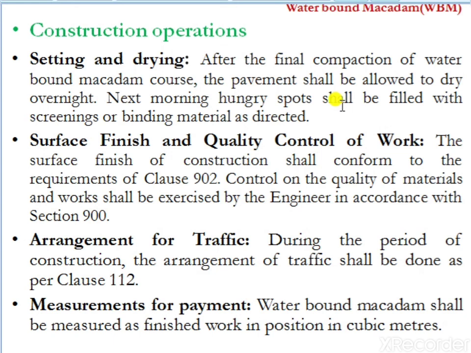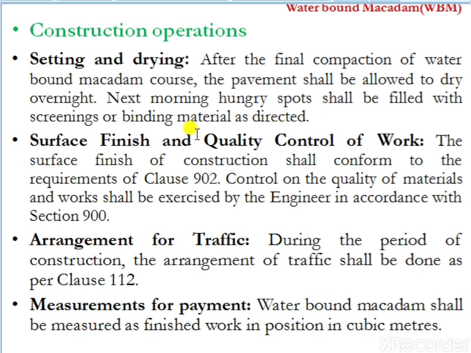And the next process is surface finish and quality control of works. The surface finish of construction shall conform to the requirements of clause 902. Control on the quality of materials and works shall be exercised by the engineers in accordance with section 900.